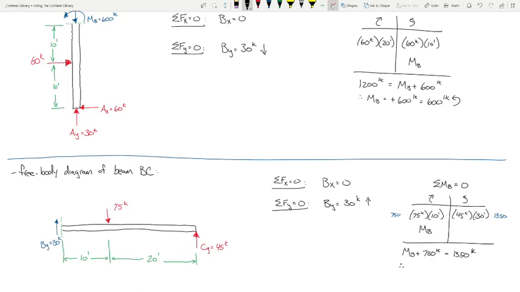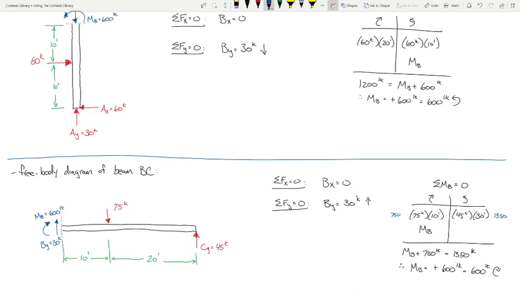Therefore, MB is plus 600, and then it's going this way, right? So MB is like that, okay? Does that make sense?